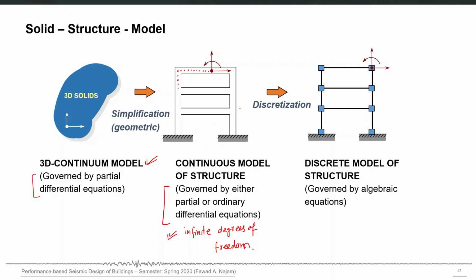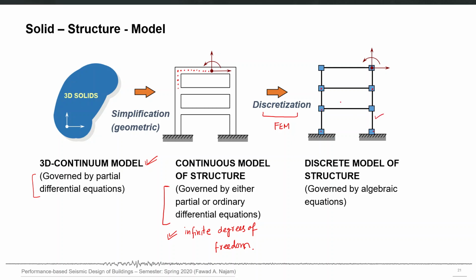The next step of simplification can be this idea of discretization, which we use in finite element modeling. In that simplification, we will have some nodes in the structure, and the degrees of freedom can be defined only on those nodes, and those nodes will be connected by simple finite elements.